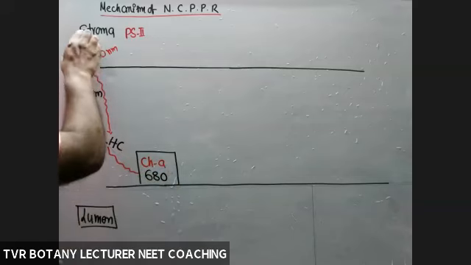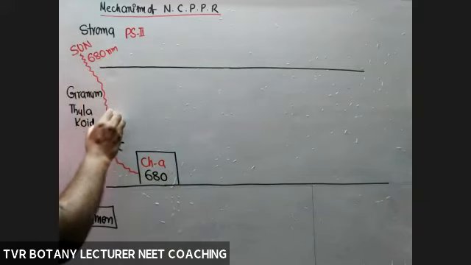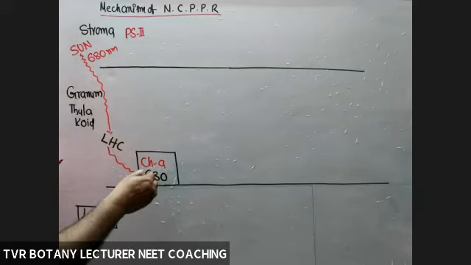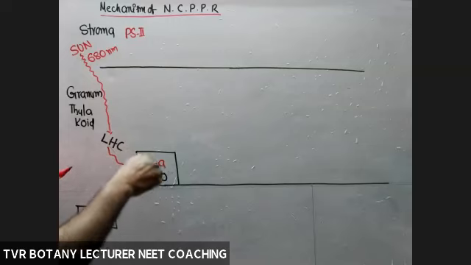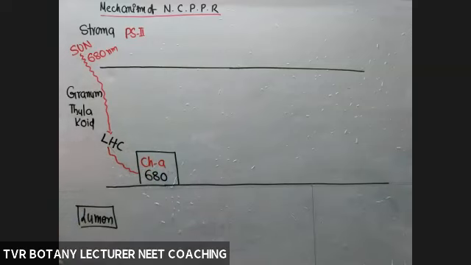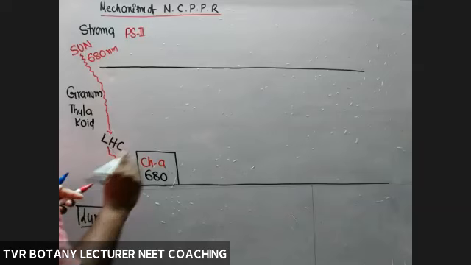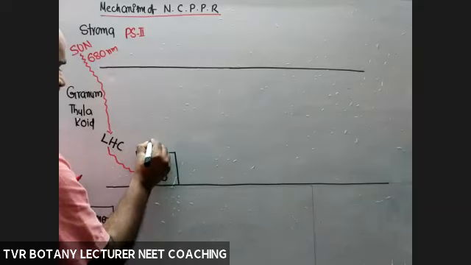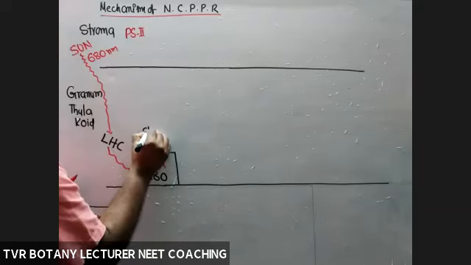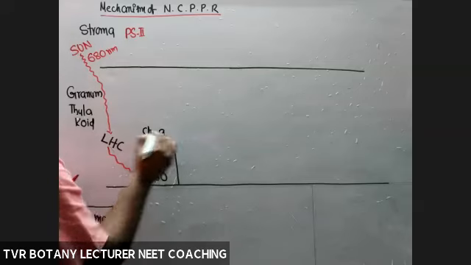Now some amount of energy is absorbed by 680, so the energy levels of electrons present in the chlorophyll A molecule rise. Now electrons are ejected from the atomic nucleus of the chlorophyll A molecule. So excitation of chlorophyll A molecule. Excited chlorophyll A.